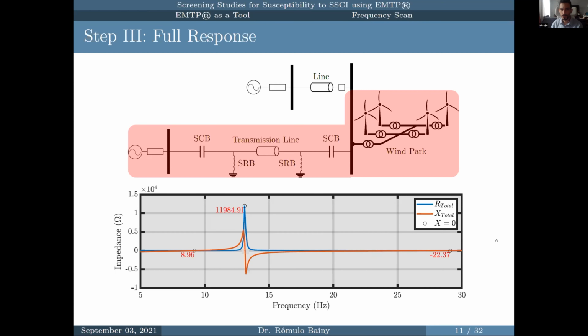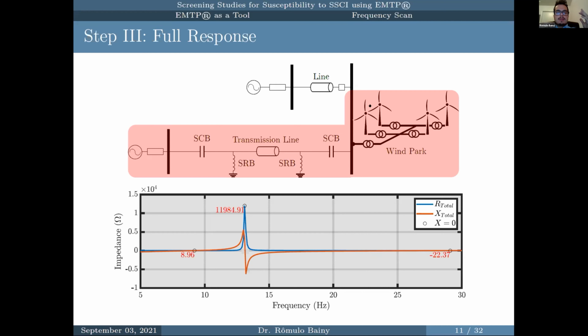Related to the protection devices associated with this configuration, did you consider, or do you plan in future to consider, actions of bypass of series compensation or generation cutoff protection? Yeah, for these early studies, I didn't include any protection of the capacitors.